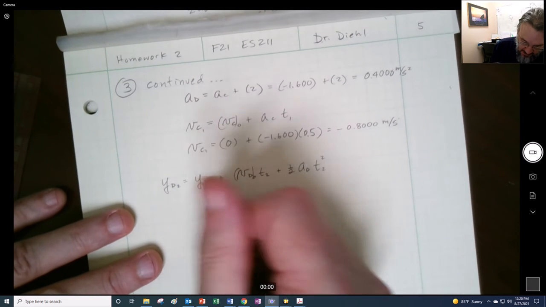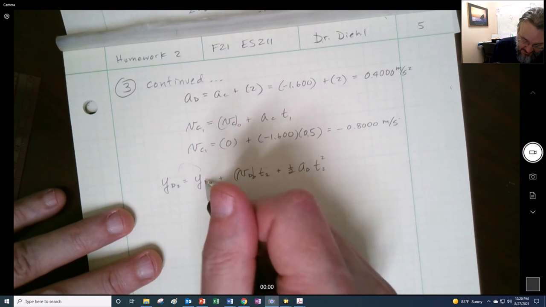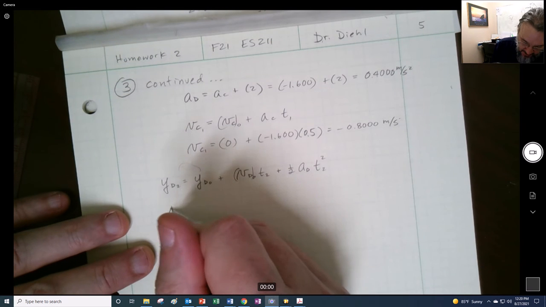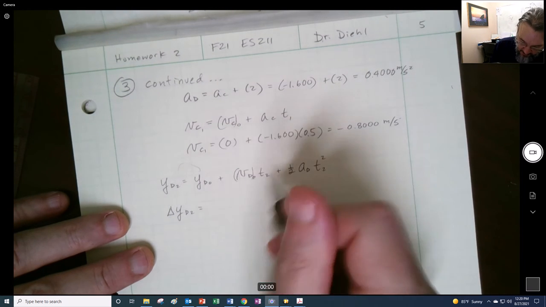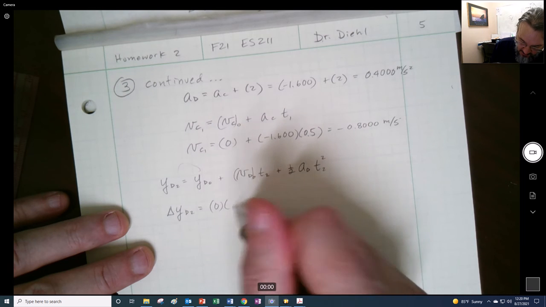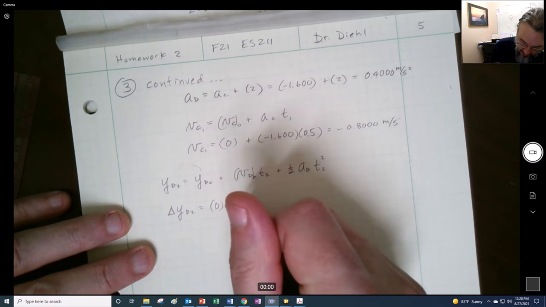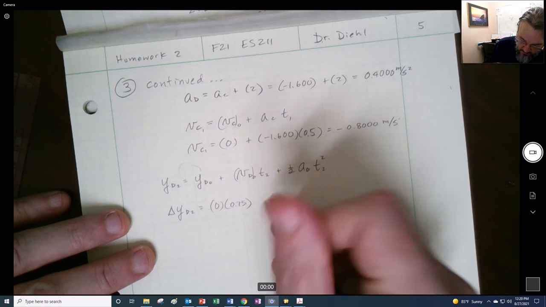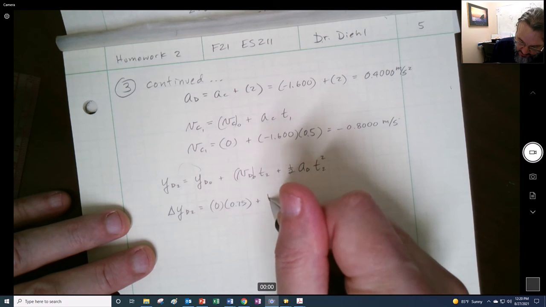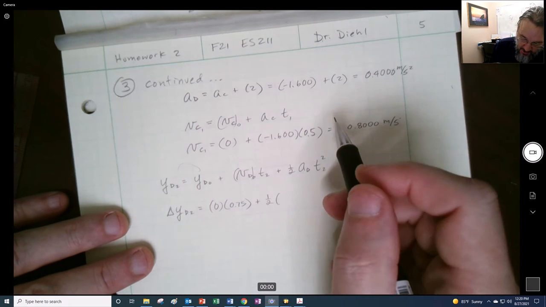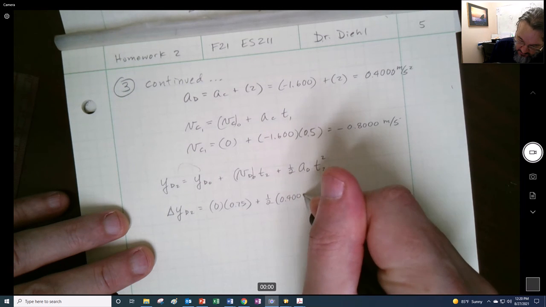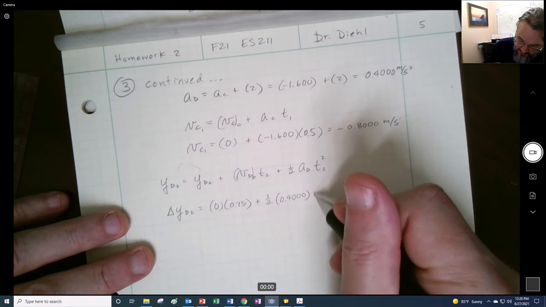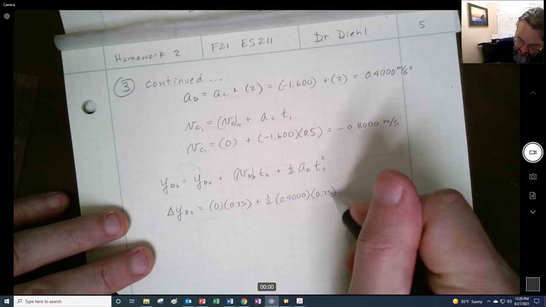It starts at some reference point right here, so we just say delta yd2 is equal to 0 times our 0.75, plus 1/2 times our acceleration of d, which was the 0.4, times time squared, 0.75 squared.